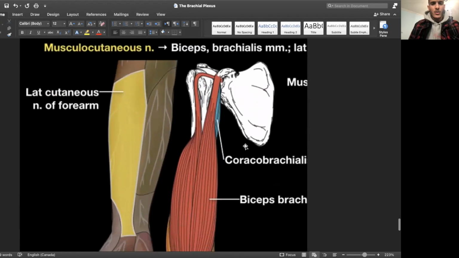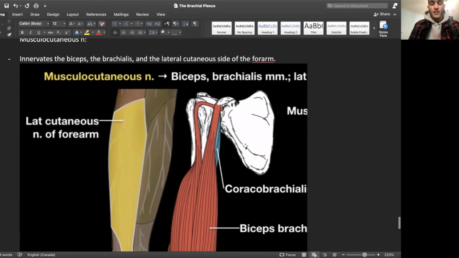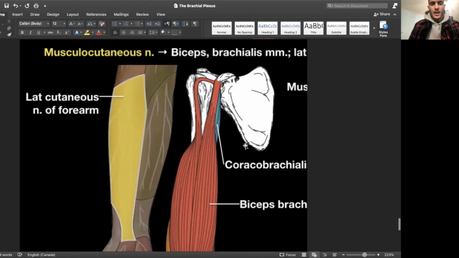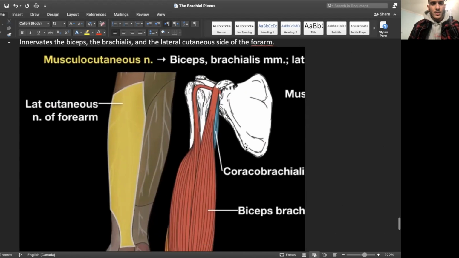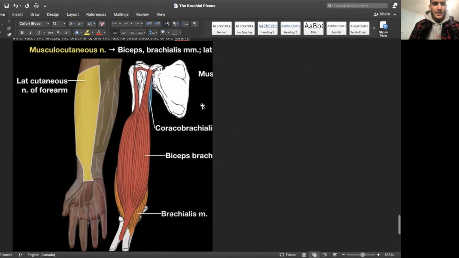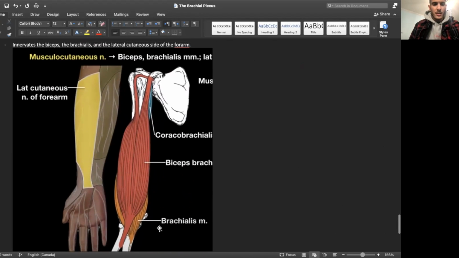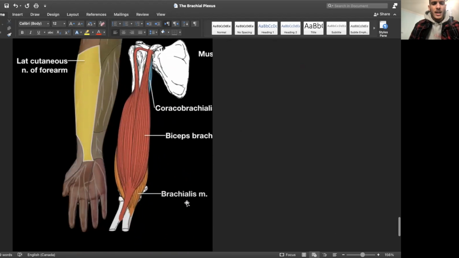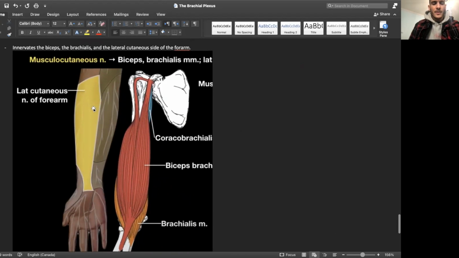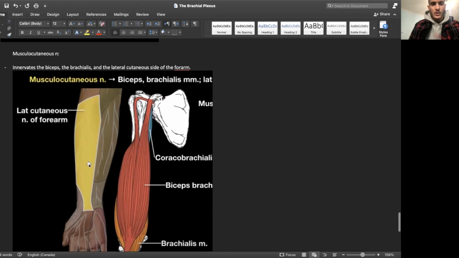So now we are below the elbow, and what the musculocutaneous innervates is the biceps and the brachialis muscle, and for the cutaneous innervation, it gives off a lateral cutaneous nerve of the forearm. That's the side of the arm that is below the elbow, so the most lateral part; that's where the cutaneous innervation of the musculocutaneous nerve lies.